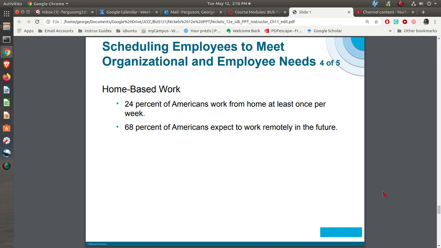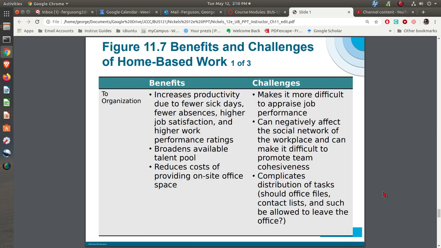And there's more and more people who are doing home-based work, where instead of just going to an office, you're working partially or all remotely from home. There are a lot of benefits to the organization. It reduces some of the sick days and absences that people have. It reduces the cost of on-site office space.